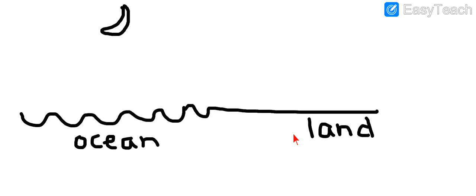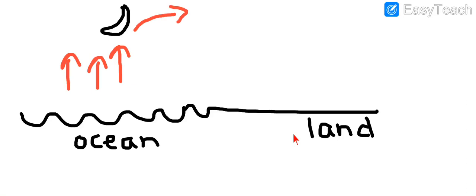So at nighttime, I'm going to switch my arrow color here. So go ahead and grab your red pen or marker or whatever. Over the ocean, I'm going to have warmer air that is rising. So my warmer air is rising over the ocean. And just like last time, remember, it starts to drift this way. Then the land sees that opening, that rising air, and it's cool, high pressure air.